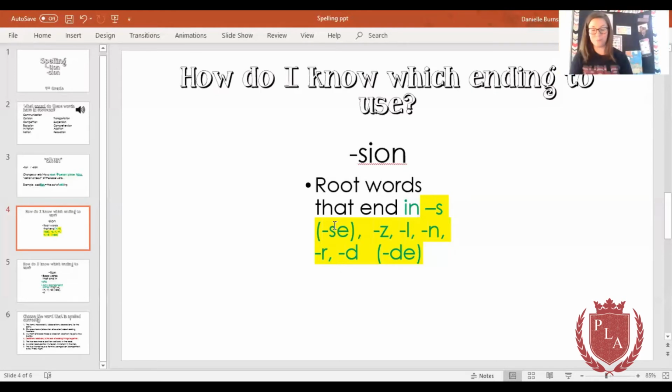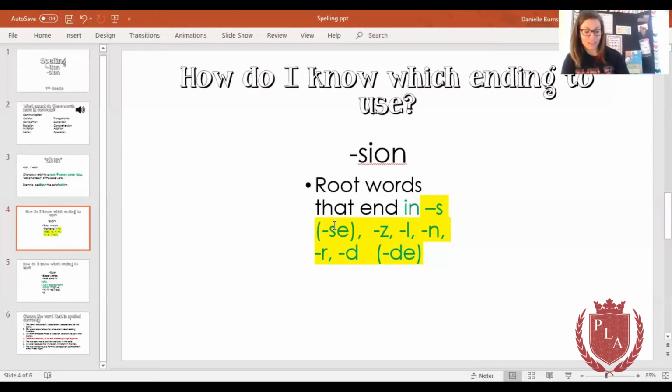Let me do one more. If I give you the word revise, like my teacher wants me to revise my writing prompt, I see that this root word, this base word, ends in S-E. I know that that means when I change the word, I need S-I-O-N.